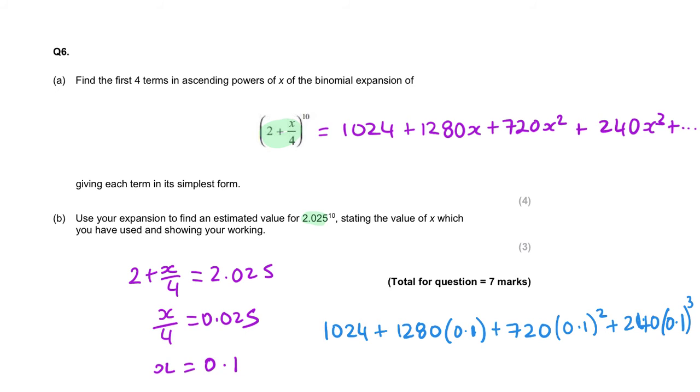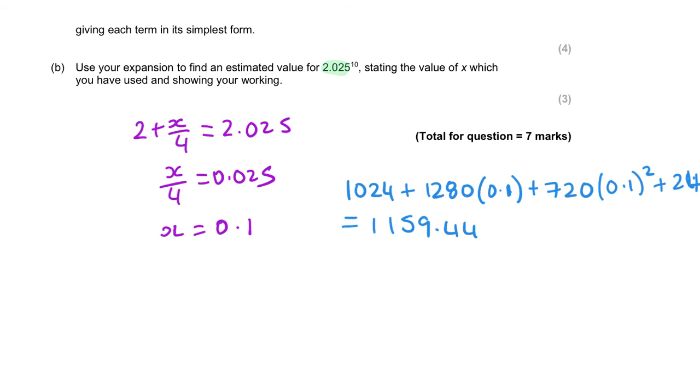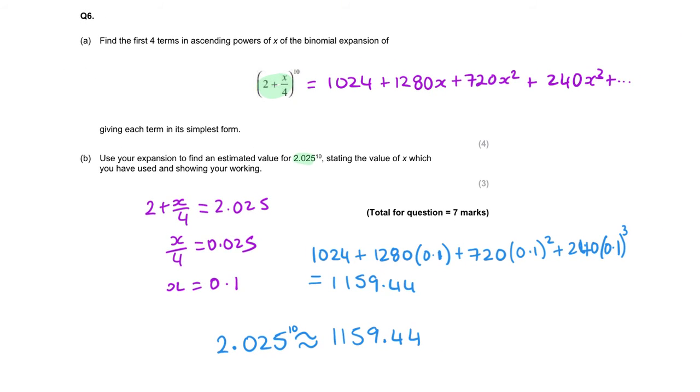Right, we're going to put that into our calculator and we're going to get an answer, 1159.44. Now, the most important part of this question, it's worth 3 marks. Please, can you say 2.025 to the power of 10 is approximately 1159.44, okay? And we've written that last part right there.